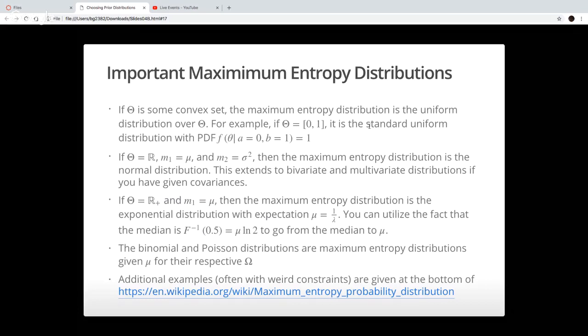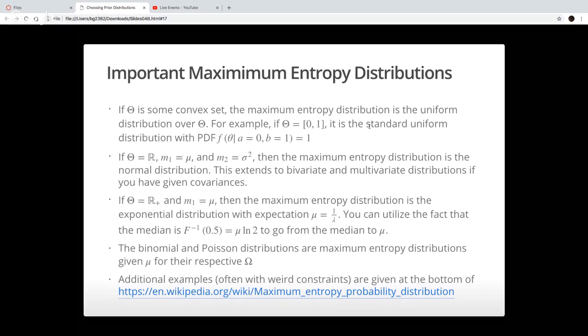And you might say, well, the normal distribution doesn't look all that uniform. It looks like a bell curve. Well, it's the closest you can get to uniform for expectation this, variance that. So you're pinning down the expectation and the variance, and then saying, well, what gets me closest to a uniform? That's going to be a normal if your parameter space is all real numbers.